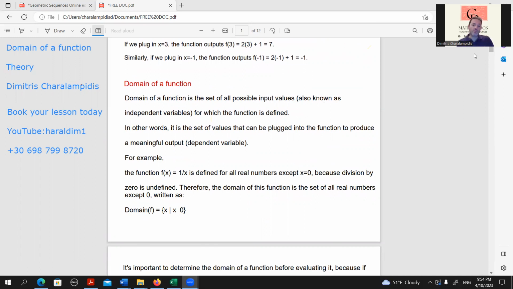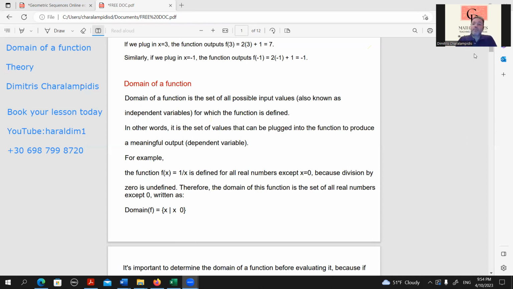In more simple words, the domain of a function is the set of values that can be plugged into the function to produce a meaningful output. In other words, the domain is the set of all the input values for which the function makes sense.